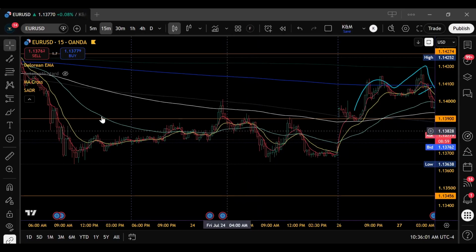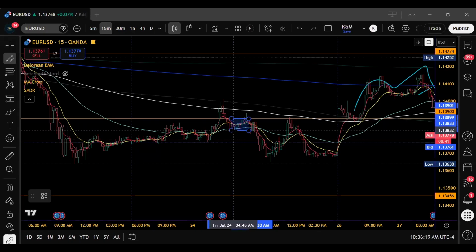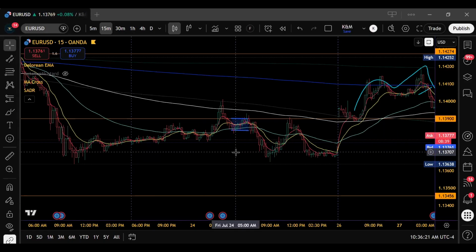It broke this zone. I'm going to mark this all back up how I've been doing so we can follow along with it. You see, we got the peak right here, and the bottom of that zone right there.